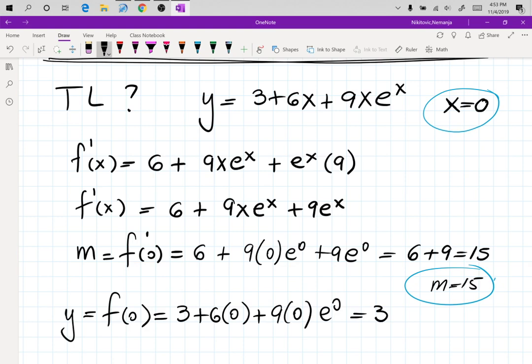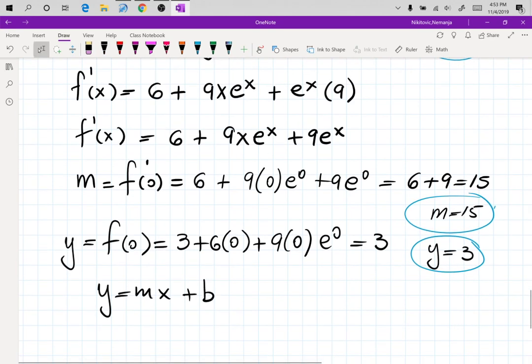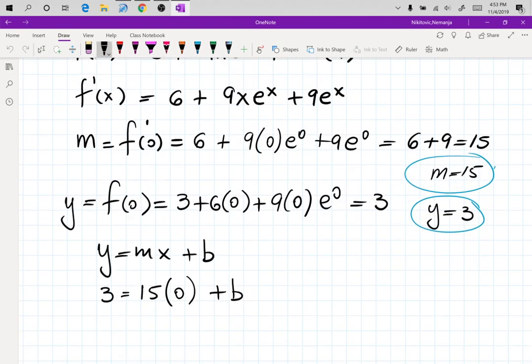So y is 3. Y equals mx plus b: y is 3, m is 15, x is 0, plus b. B is equal to 3. The tangent line is y equals 15x plus 3.